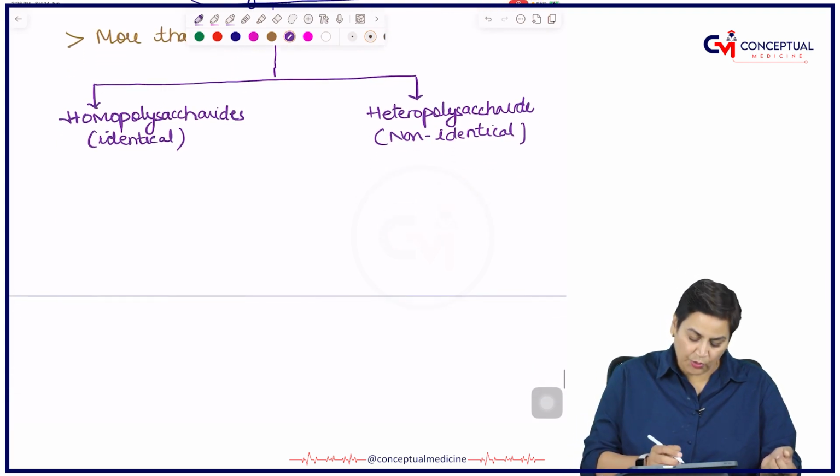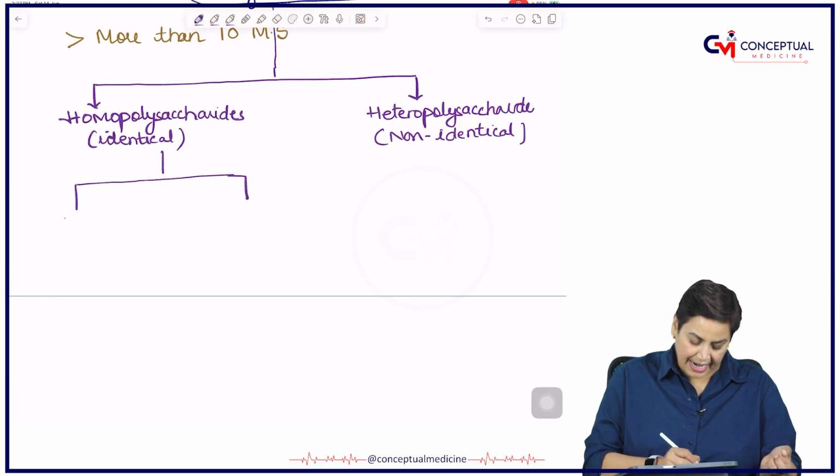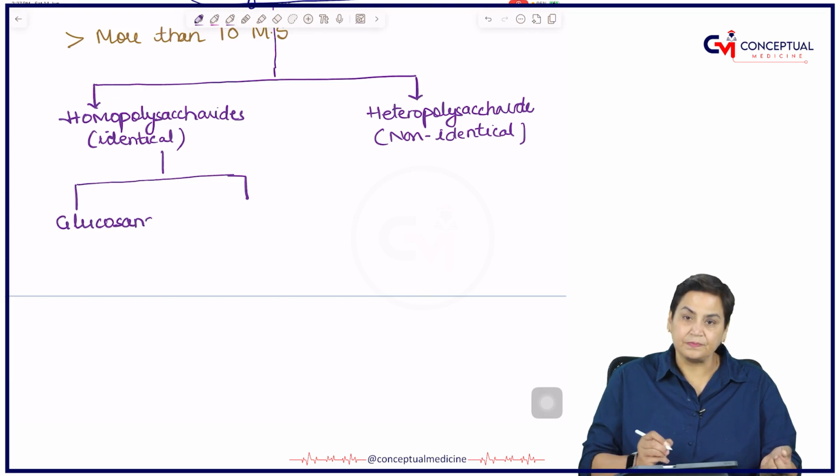So these homopolysaccharides are further divided into two subclasses. One category is glucosans, and the second category is fructosans.